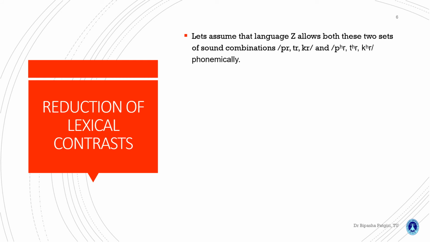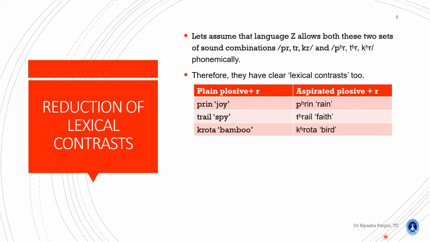Let's assume that language Z allows both these two sets of sound combinations, pra, tra, kra and fra, thra, khra, phonemically. So in language Z, the language has a capability to make use of these two sets of sounds. Therefore, they have clear lexical contrast too. So plain plosive plus ra gives us words like prin. This is a hypothetical language, please remember this. So you have prin, trail and crota.